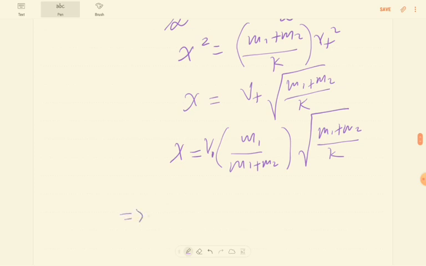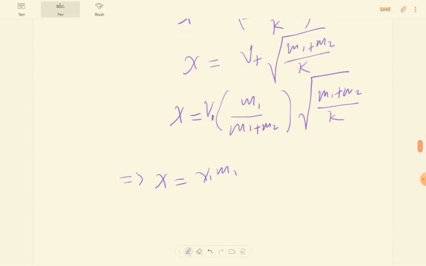So this implies x is equal to v1 times m1, and finally, putting m1 plus m2 inside the square root, it would be square term, m1 plus m2 divided by m1 plus m2 squared times k.